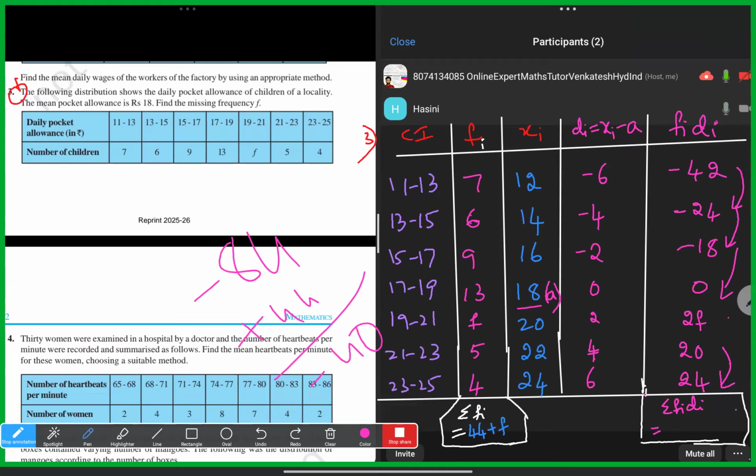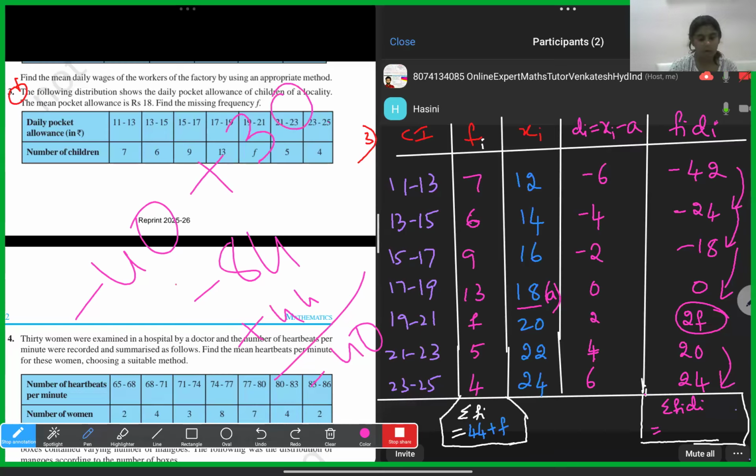Means Hasni, 2f is completely one term. If some number were there in the place of 2f, we would add minus 40 plus that number, say 30. But like that, 2f is there now, so it will become minus 40 plus 2f.